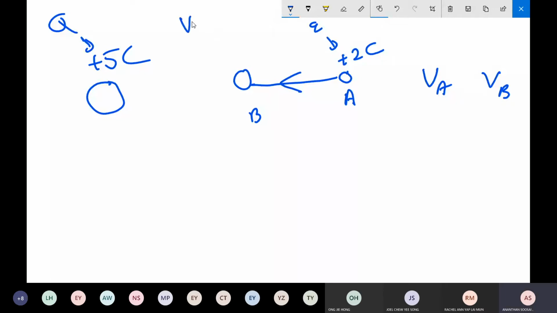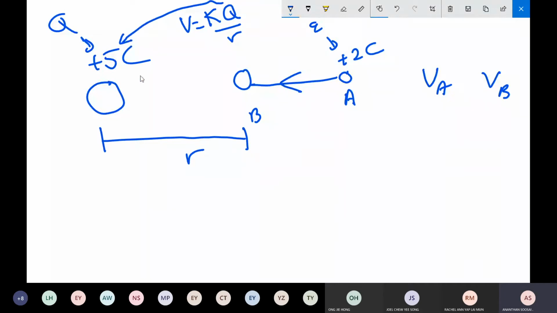So V is what? V is the work done to bring a unit positive charge from infinity to that point. And the formula for V is what? kQ over r. Which r? r from here, r from here, right? And which Q? We use the Q of the center charge. Now tell me, VA greater or VB greater?